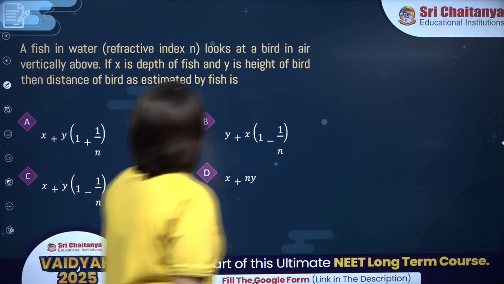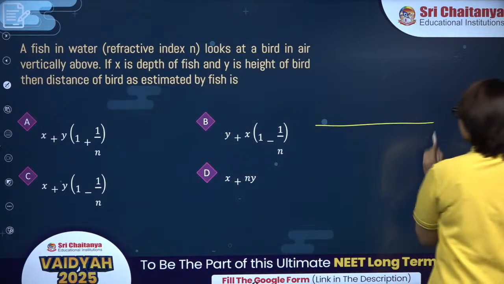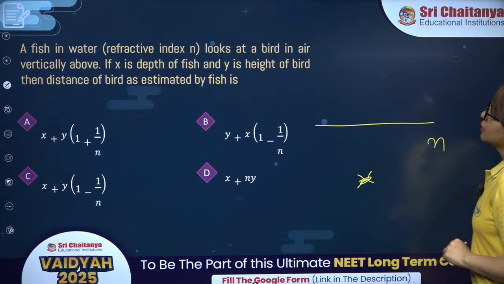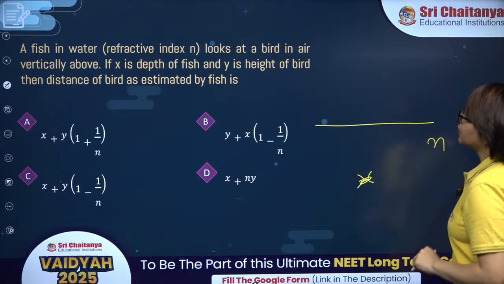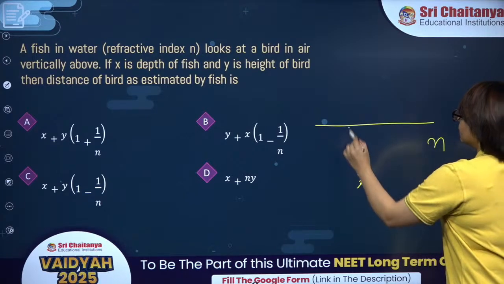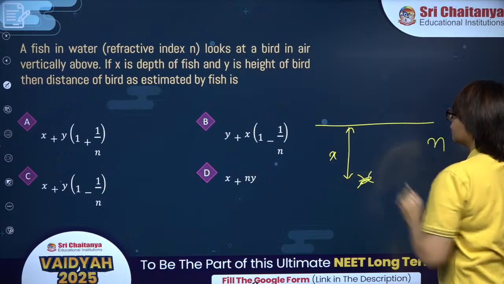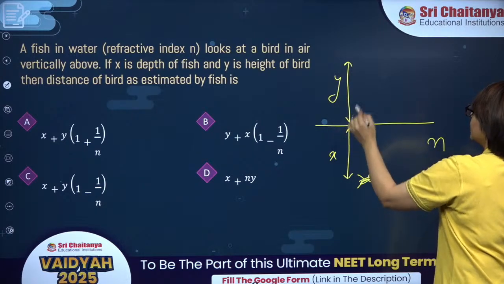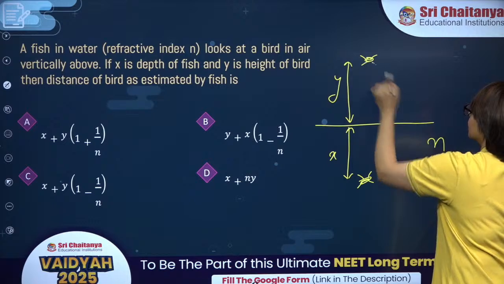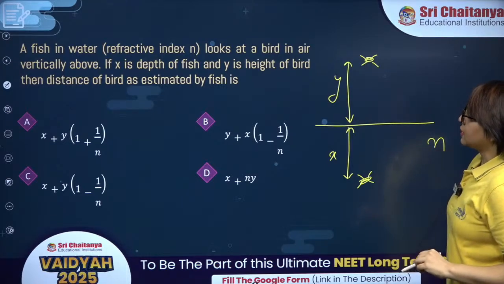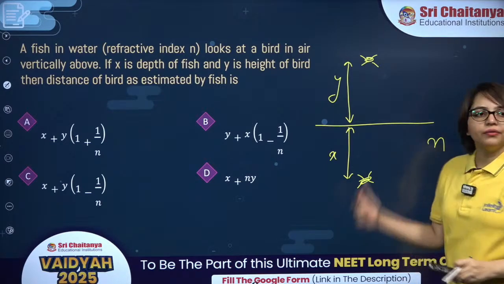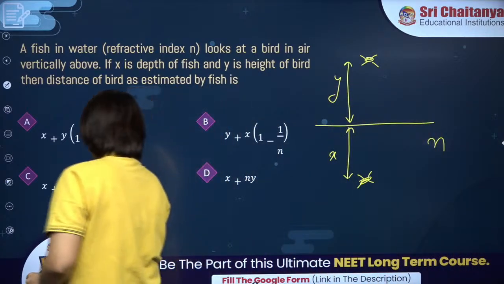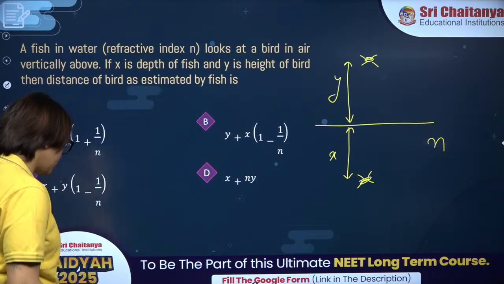A fish in water, the refractive index of water is n, and the fish is over here. It looks at a bird in air vertically above. If x is the depth of the fish and y is the height of the bird, what is the distance of the bird as estimated by the fish?